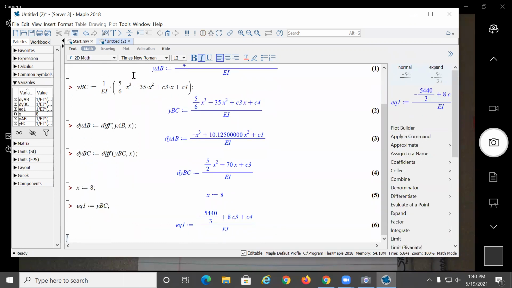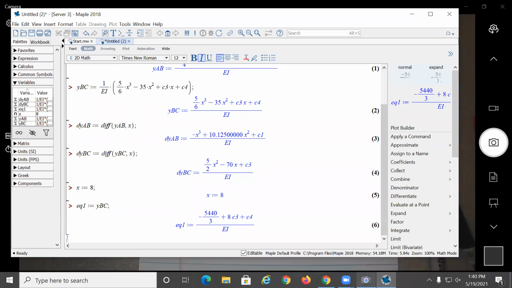So basically this will give us 1 over EI of negative 5,040 divided by 3 plus 8C3 plus C4 equal to 0.